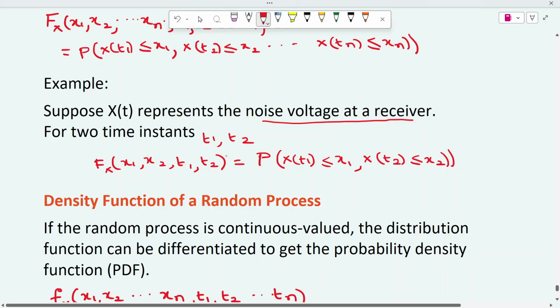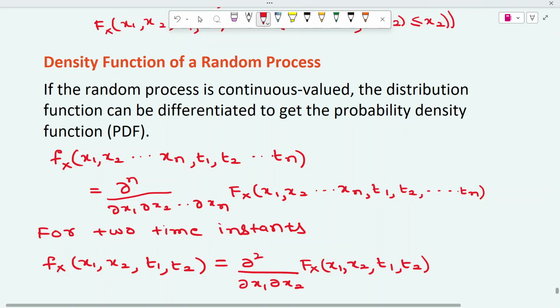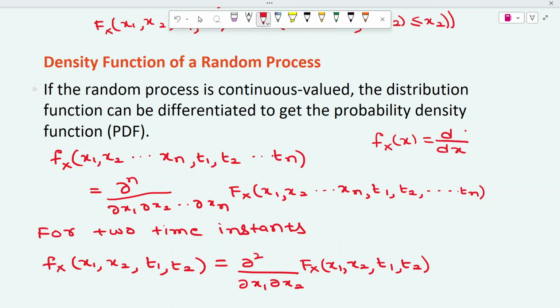Now we'll see how we define the density function of a random process. As we know, for a random variable, the density function fx of x is given by d by dx, the derivative of the distribution function.